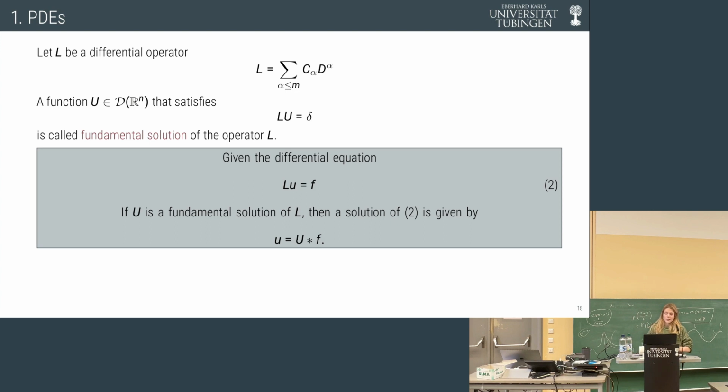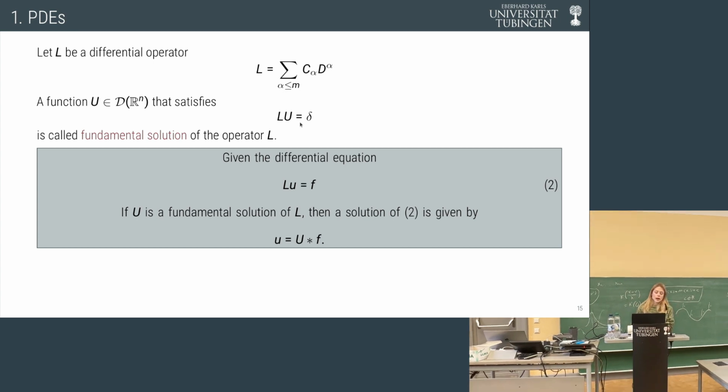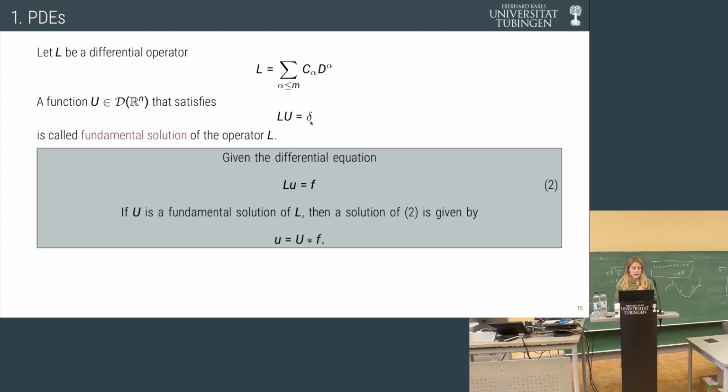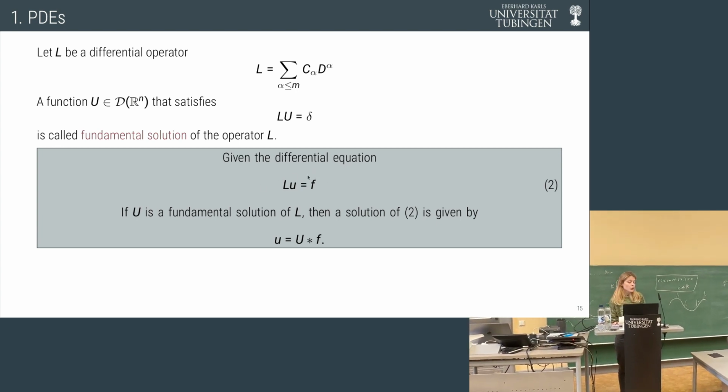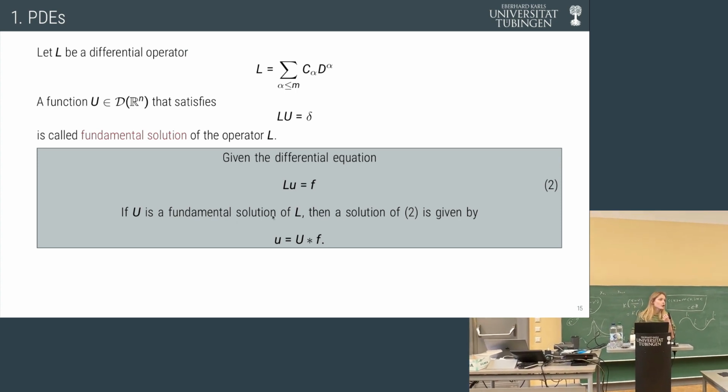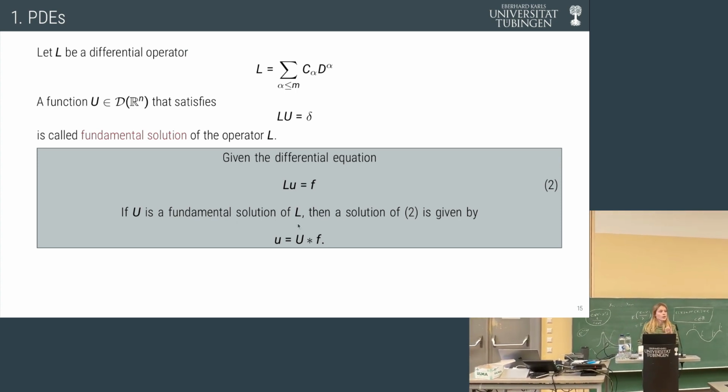If you have a differential operator and a fundamental solution of this operator, which is defined such that when you apply the differential operator to it, you get the impulse, the delta, then given this differential equation you can compute the solution through the convolution with this fundamental solution.